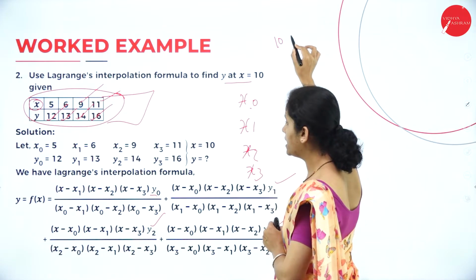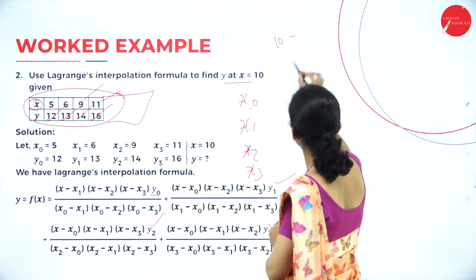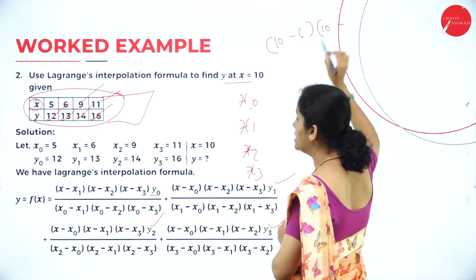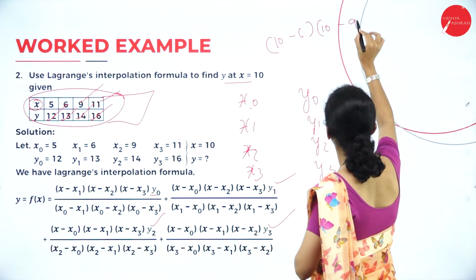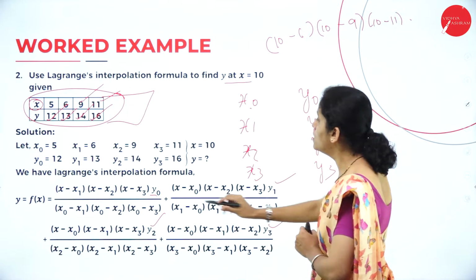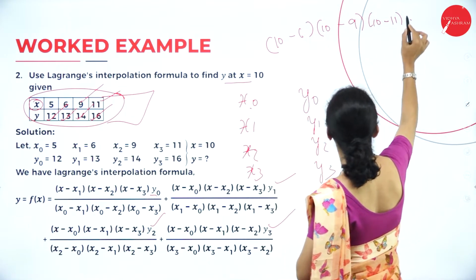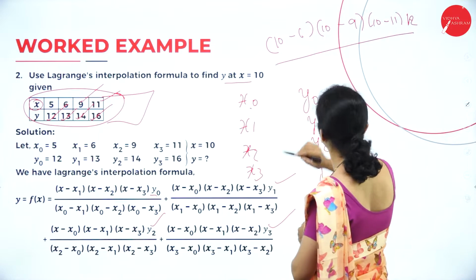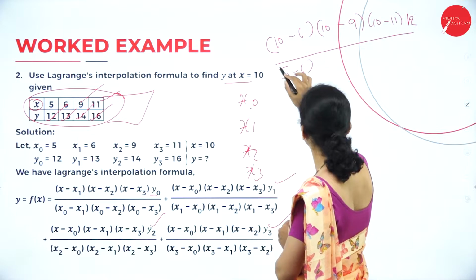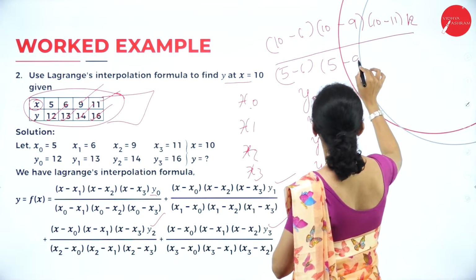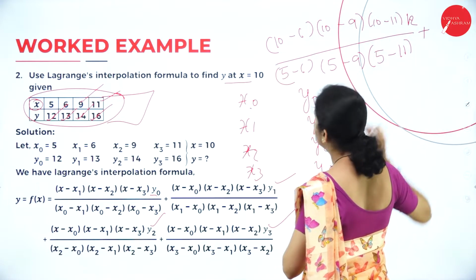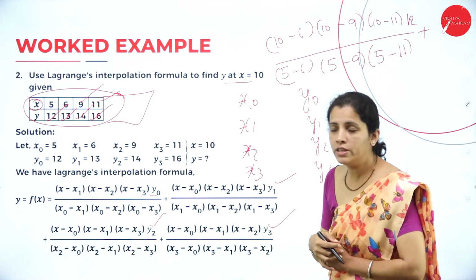So, 10 minus x1, which is 6, into 10 minus x2, x2 is 9, then 10 minus 11, into y0, y0 is 12, divided by x0, that is 5 minus 6, 5 minus 9, 5 minus 11, plus. So, like this, I want to substitute the values.